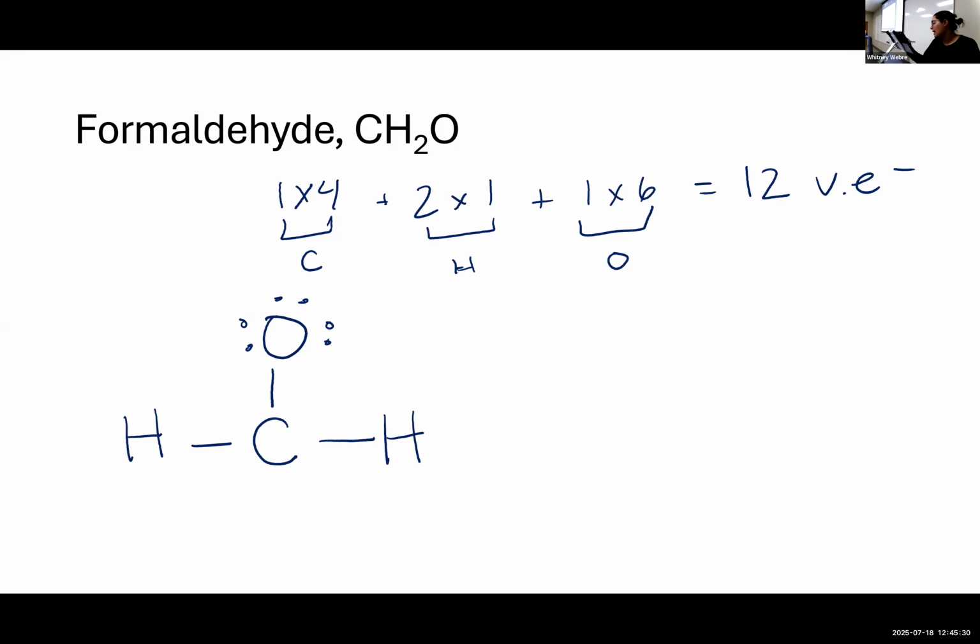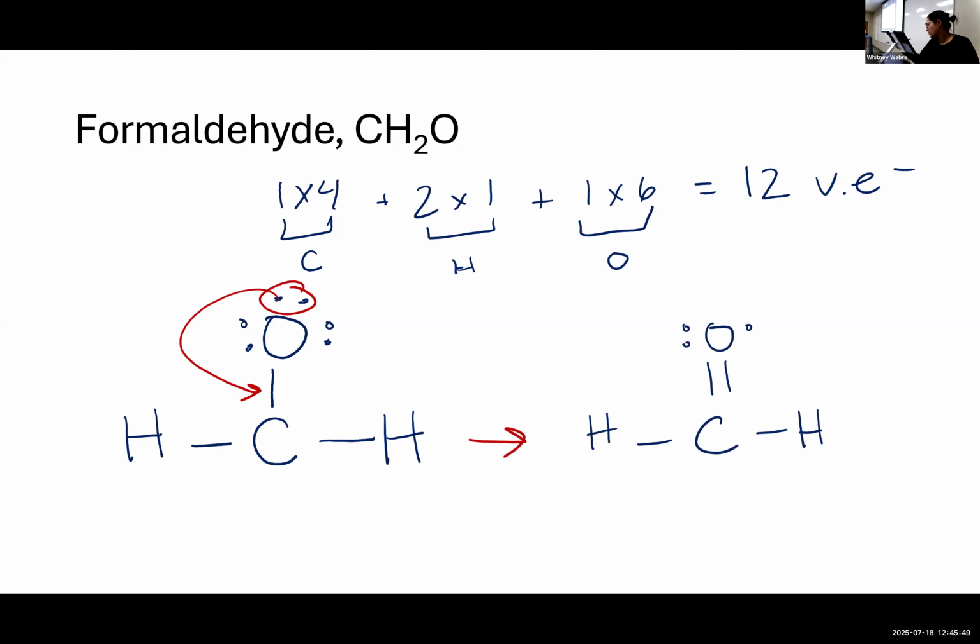So the first thing we have to do is take one of those lone pairs from the oxygen and make a double bond. So I'm going to put an arrow here. And now all of my atoms have a full octet.